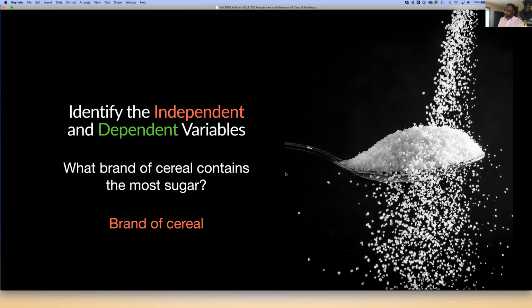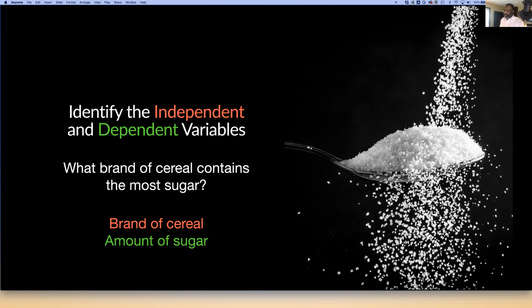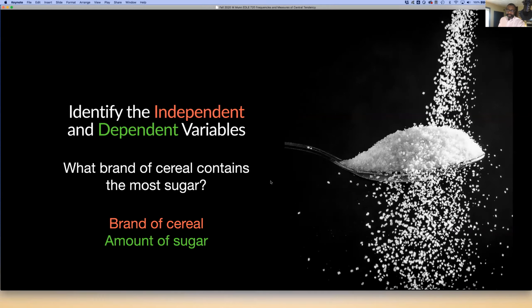So the brand of cereal determines in this situation the amount of sugar. And as you said, the brand, you nailed it. If we're talking about Grape Nuts, that determines how much sugar there is in that cereal. If we're talking about Honey Nut Cheerios, they may have another level of sugar.